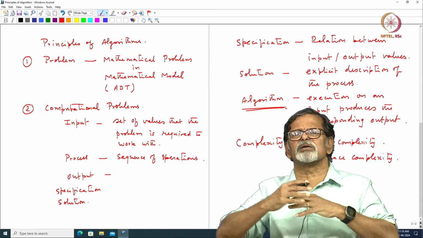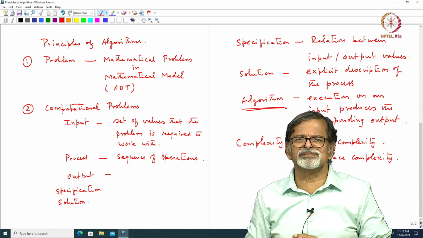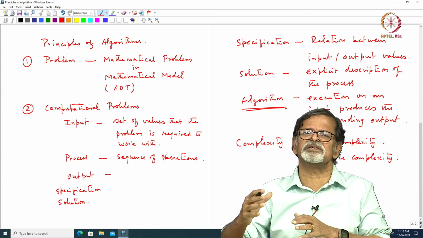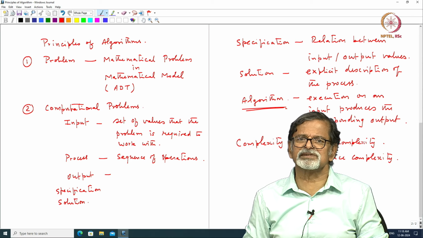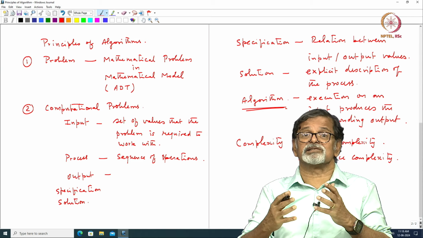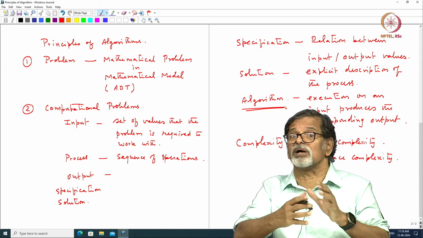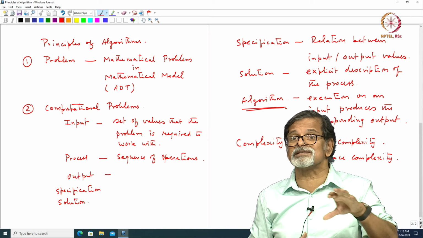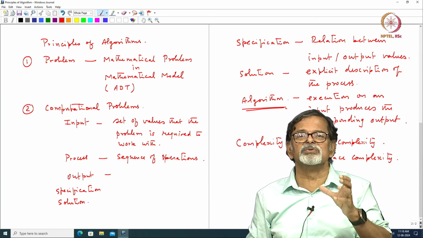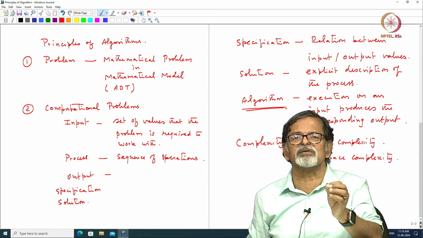If it takes an enormous amount of time, we say that it is an inefficient implementation or an inefficient program. So, if there are several ideas and several ways to solve a problem, we are interested in picking that solution which is using the minimum amount of resource.